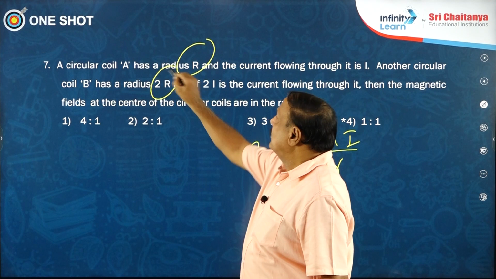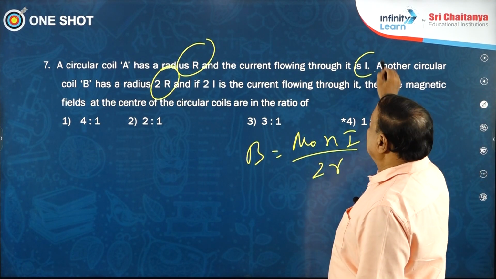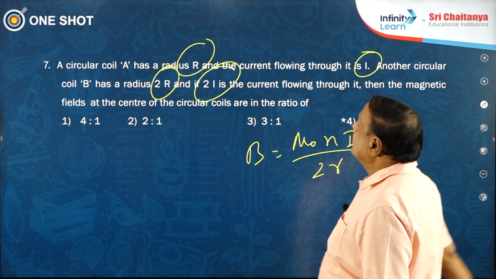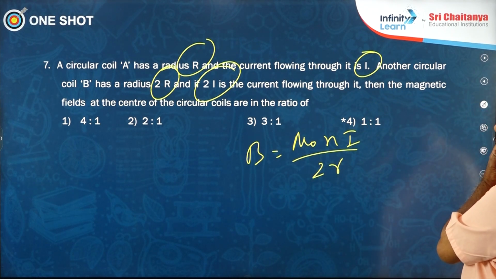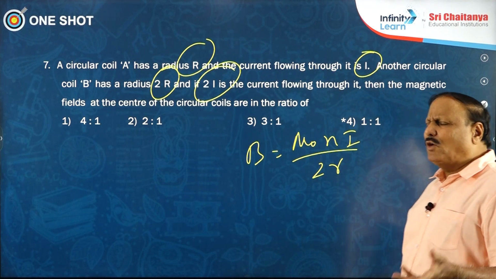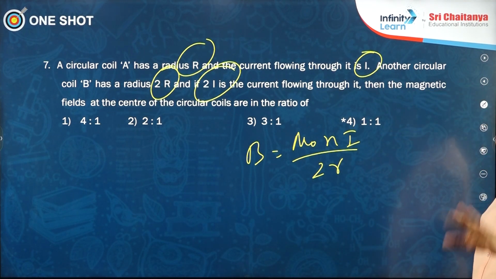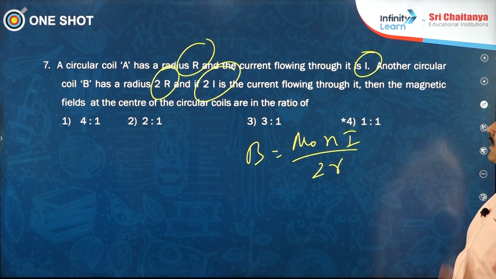R, 2R, and currents I, 2I. So the number of turns you have to take the same, since they have taken the same coil, same turns. Here the number of turns is the same because that was not mentioned.